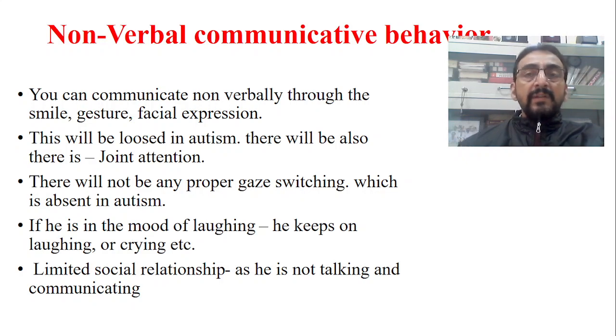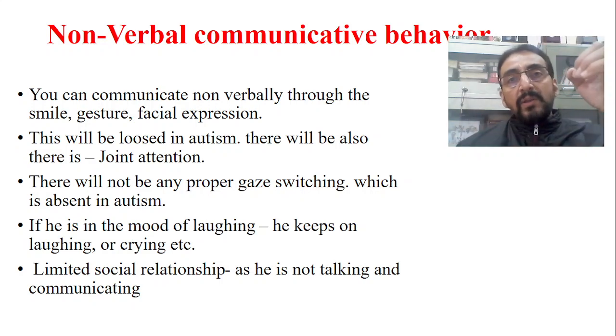Joint attention means, if the mother is talking to the child and says show me where is the clock, or shows the baby the clock, saying see, there is a clock, the mother is looking at the clock, but the baby is not looking at the clock. That means the baby is not following the mother's command, so joint attention has been lost.